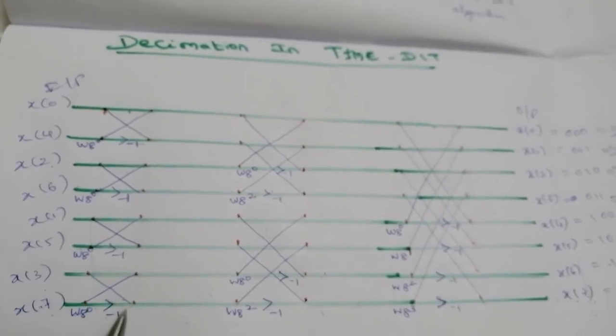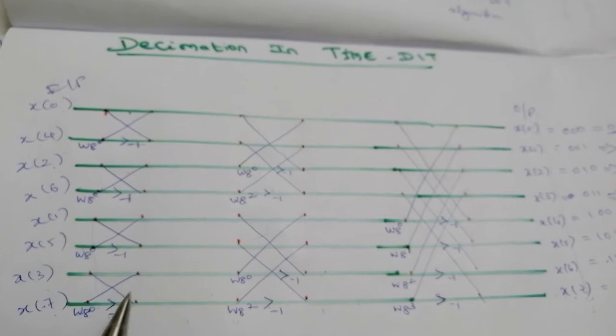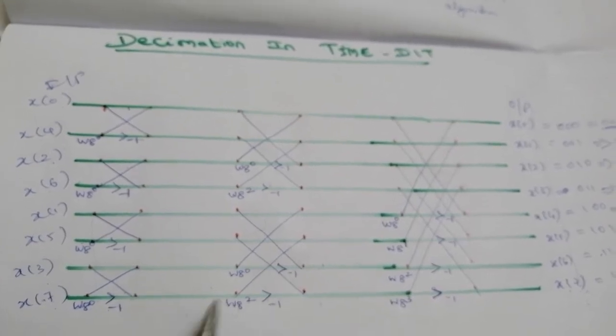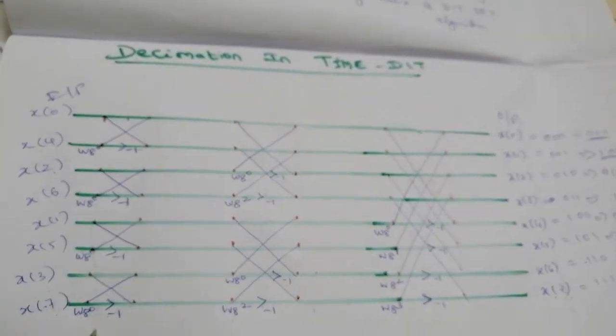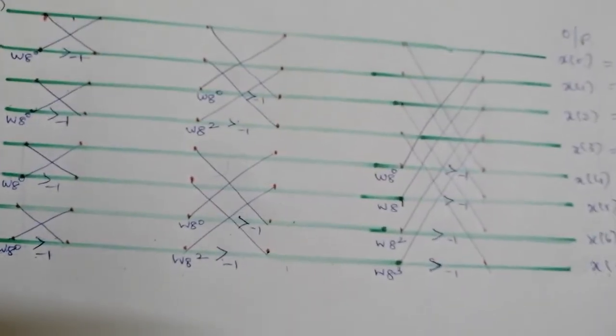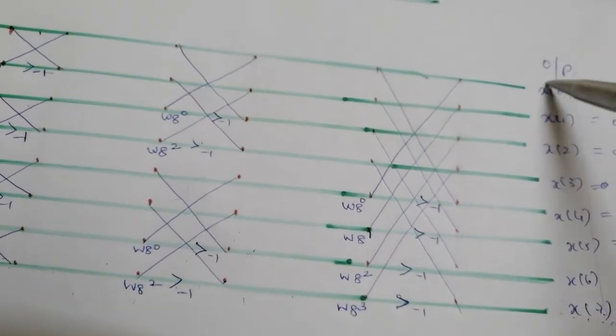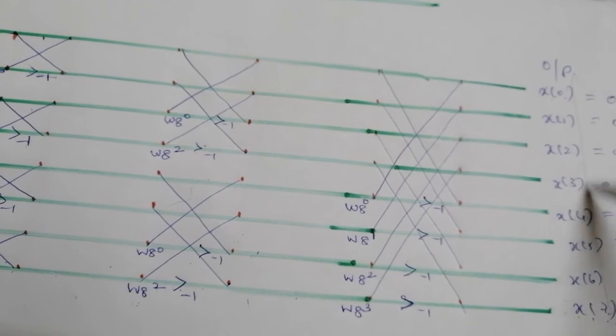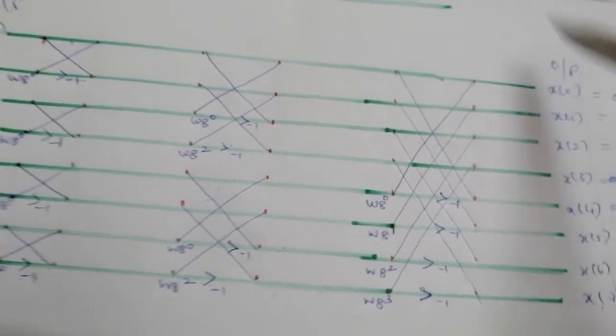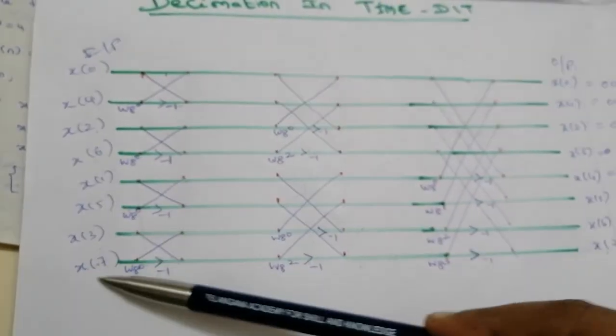So when the question asks for the solution with the help of DIT, this is the basic step. First draw the 8 parallel lines, then arrange the sequence in normal order. It is called the output, and if it is in bit reversal order, it is the input.